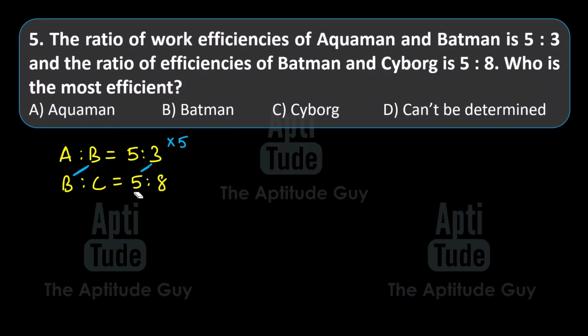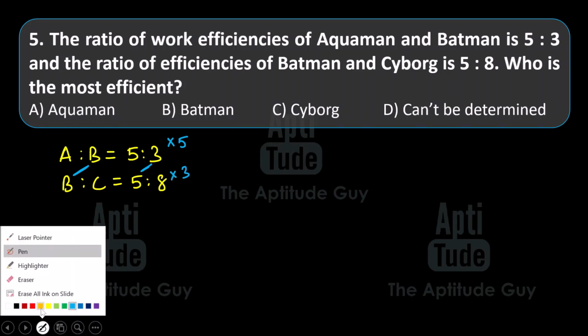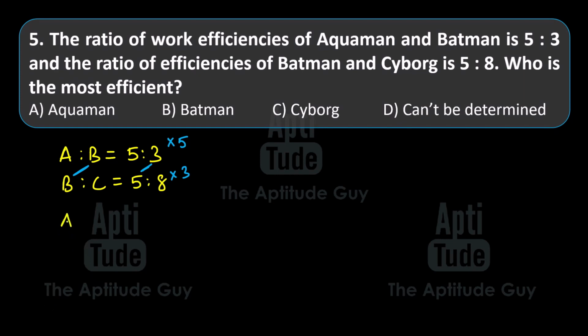And how to convert 5 to 15? We multiply by 3. That's it. So now the new ratios. A is to B now becomes 5 fives are 25 and 3 fives are 15. And if at all we have B is to C, 5 threes are 15 and 8 threes are 24.